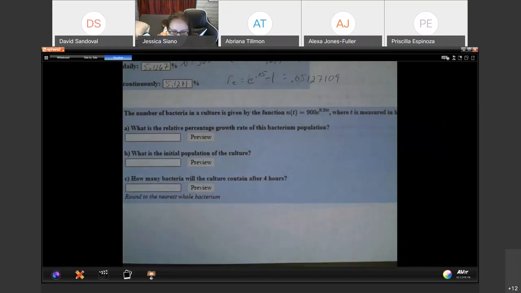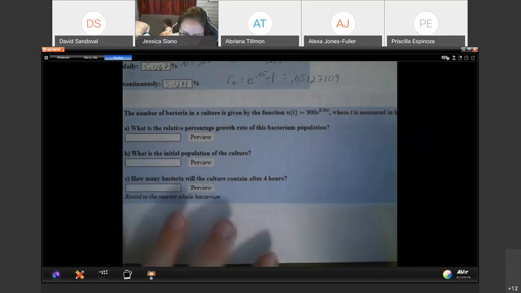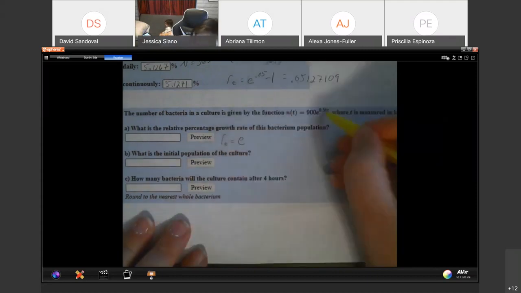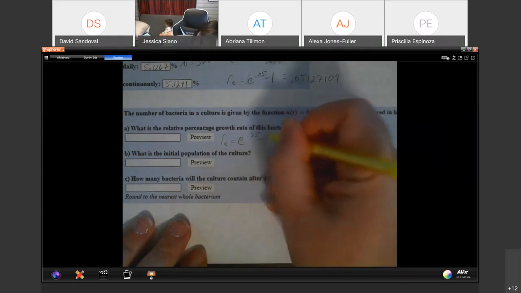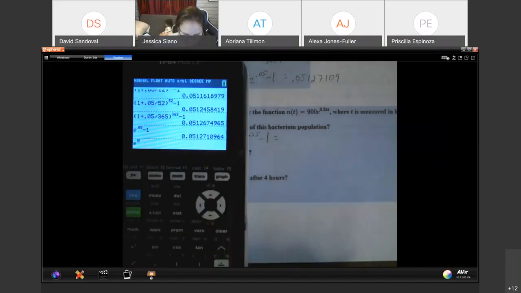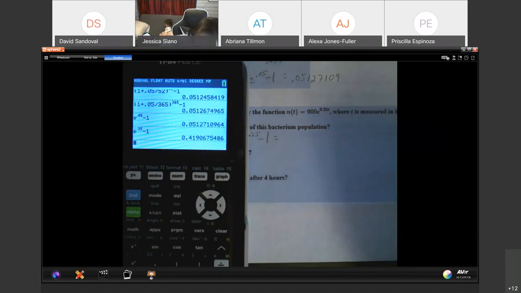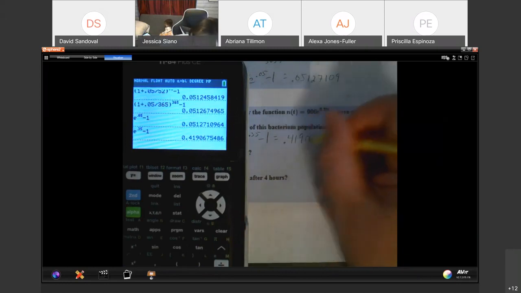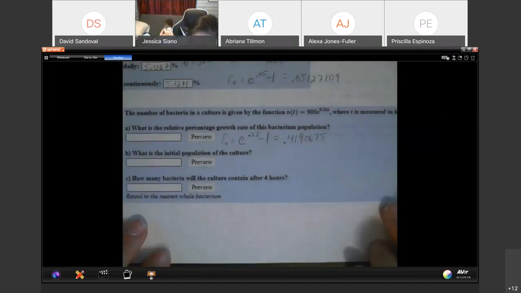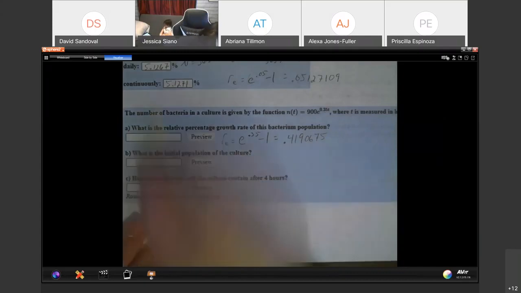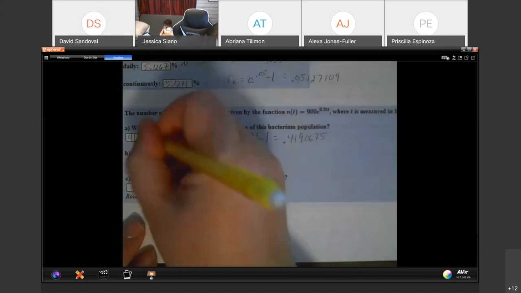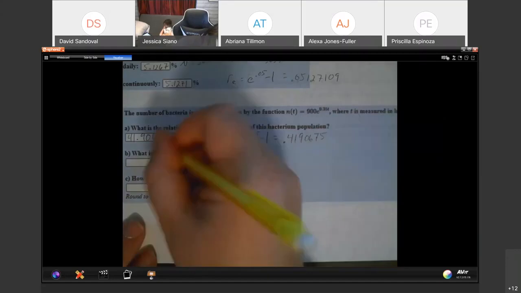So that's going to be my, since this is an e formula, it's going to be e to the 0.35 minus 1. So that would be 41.9068%.